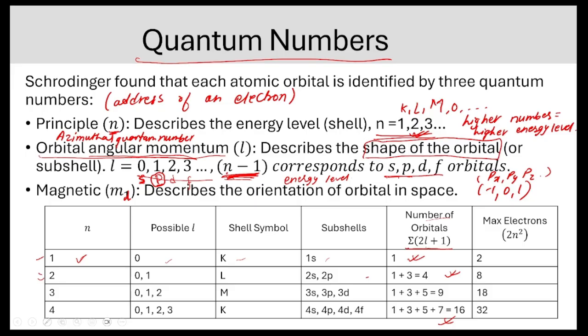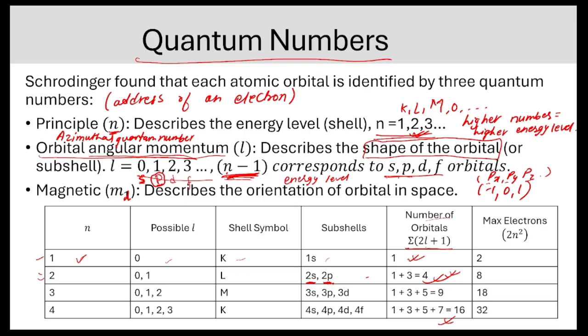If we look here, we can have S and P. This S subshell can have only one orientation, and this P subshell can have three orientations, px, py, and pz. If we add one orientation from the S subshell and three orientations from the P subshell, we have a total of four different orbitals.